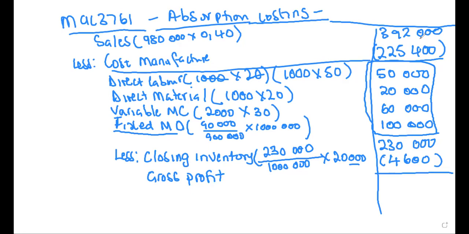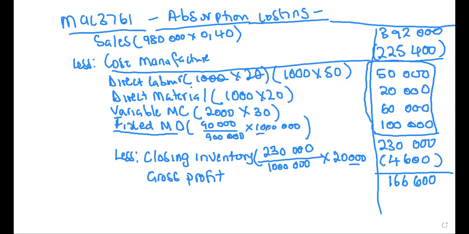Our gross profit is going to be made up of 392 minus 225,400, which is 166,600. That's our gross profit.